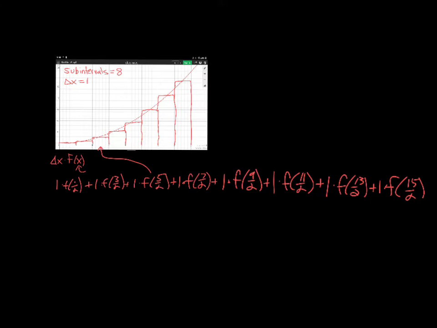And we plug all those in. What are we plugging those into? Well, remember, our function is x squared. So when we evaluate this all out, our area with 8 subintervals is going to be 170.